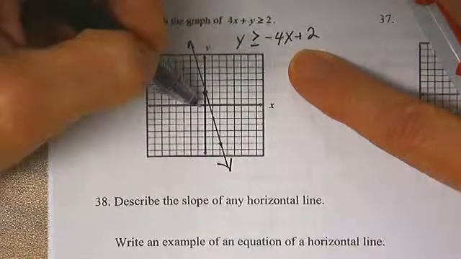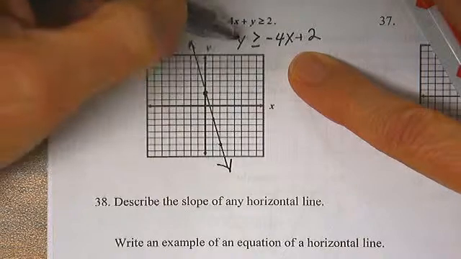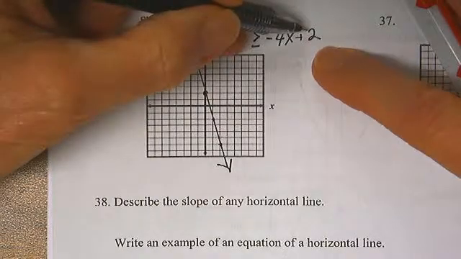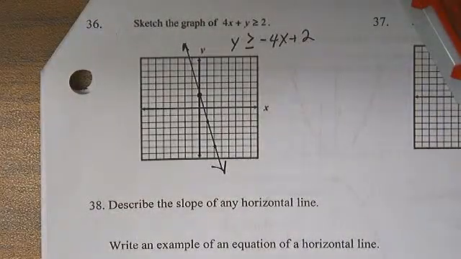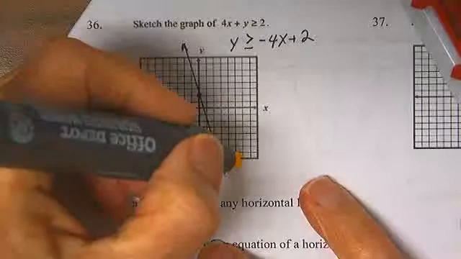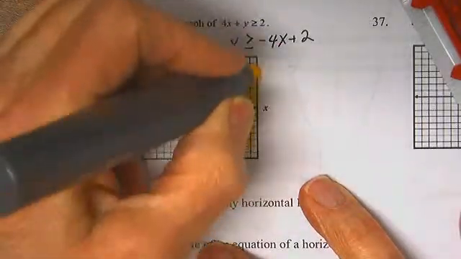I'm going to test a point. The point I'm going to test is 0, 0. Is 0 bigger than 2? No, 0 is not bigger than 2. 0 is less than 2. So 0 is not part of my solution set. So I shade to the right.